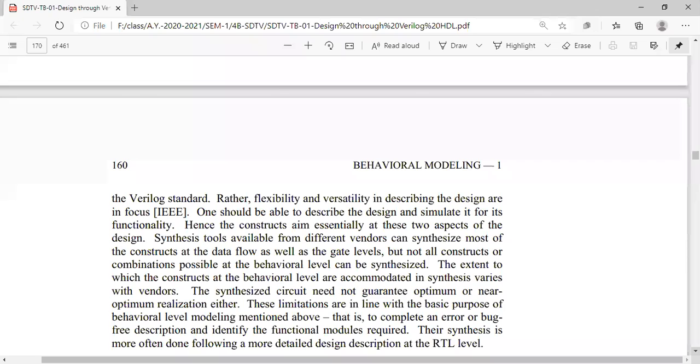So here we will have flexibility and versatility in describing the design.